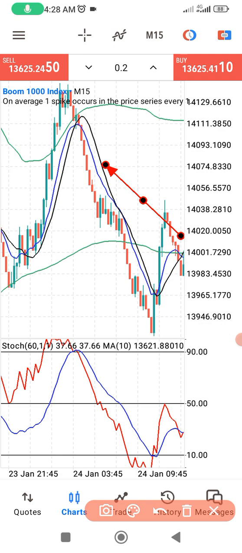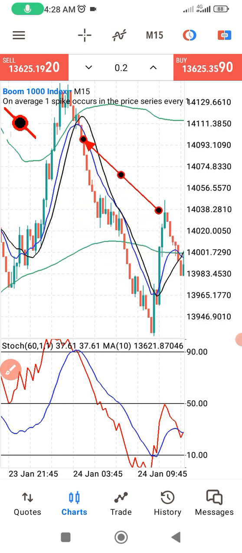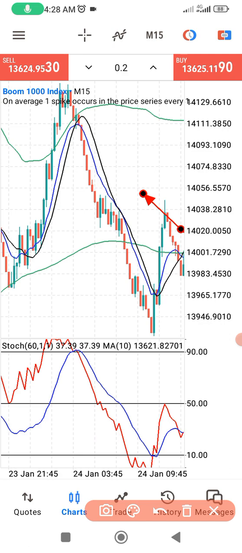Having established that, go back to your main chart. We want to see that price closes below the two moving averages, 10 and 12, and upon this we will make our entry.